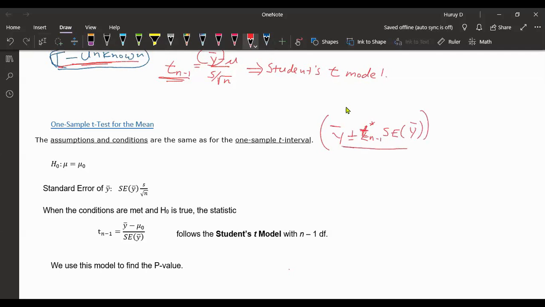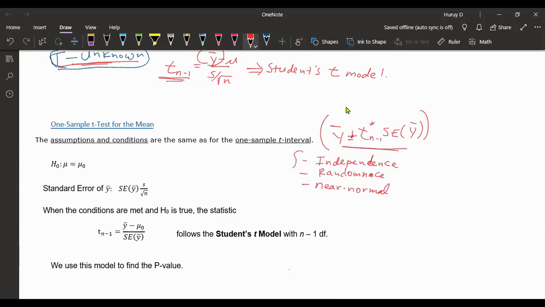And to construct this confidence interval for mean, we had assumptions, and those assumptions are: one is independence, the second one is randomness, and the last one is near normal. This is for the T model. Okay.